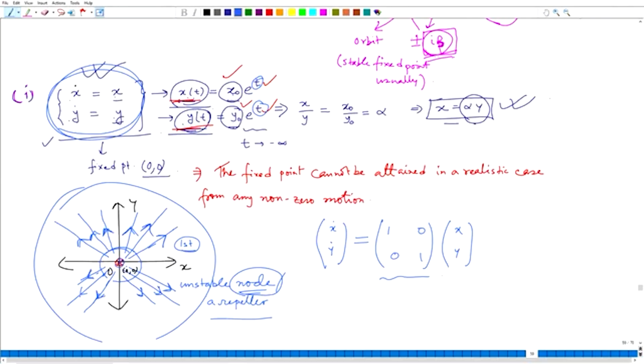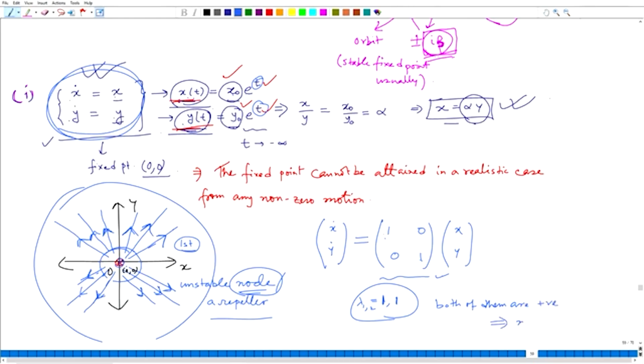So this is already diagonalized and both eigenvalues, lambda 1 and lambda 2, are simply 1 and 1. Both of them are of the same sign, both are positive.